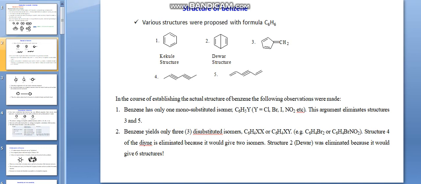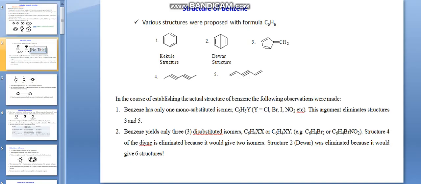So there was the Kekule structure, the Dewar structure, and the aliphatic open chain structure which, when fused, gives us a 6-membered ring. It is something like a cycle, but not merely a cycle, because it has electrons which were delocalized inside it.